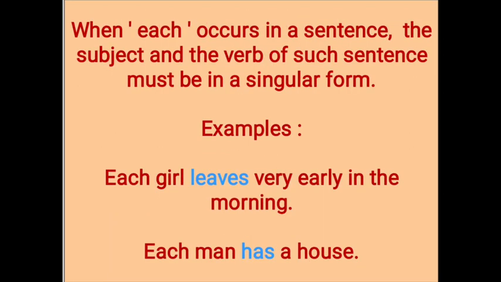Here, what we have is that when each occurs in a sentence, the subject and the verb of such sentence must be in a singular form. That is, whenever each occurs in a sentence, the subject following it must be singular, as well as the verb.